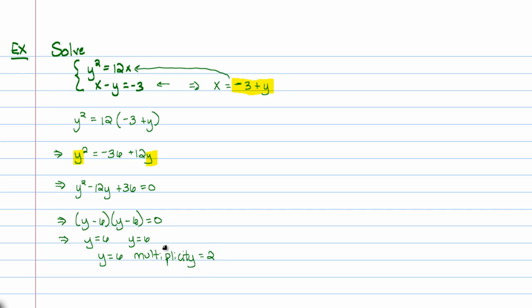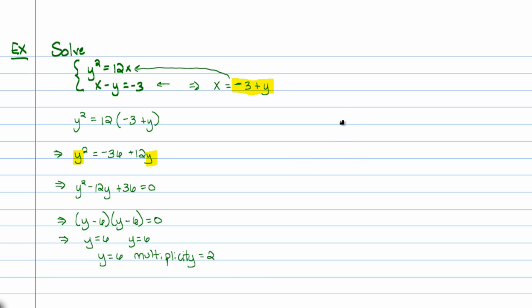That solution occurred twice, so I'm going to say the multiplicity of that solution is 2. We haven't used this yet, but the more you get used to saying that a solution is of multiplicity 2, 3, 5, whatever, the easier it will be once you start actually using that information in the future.